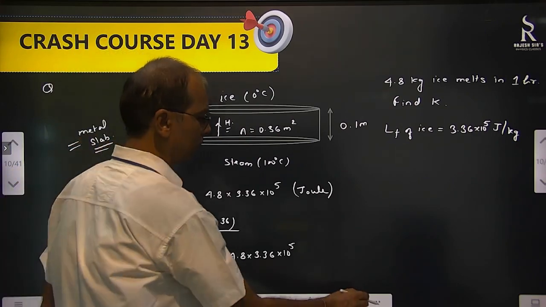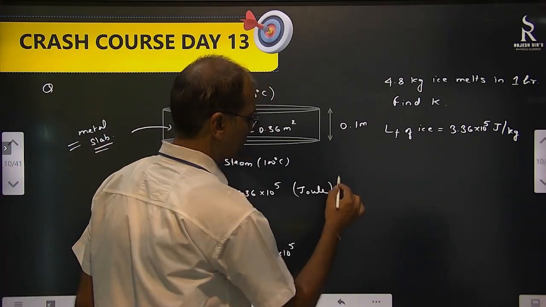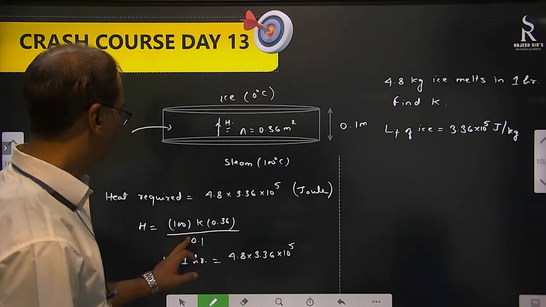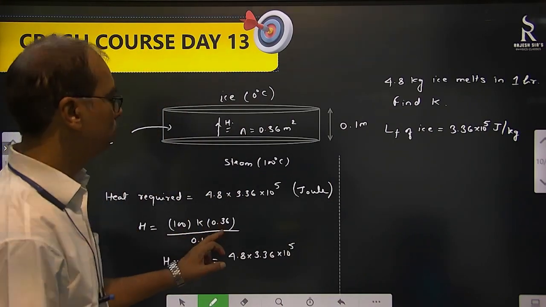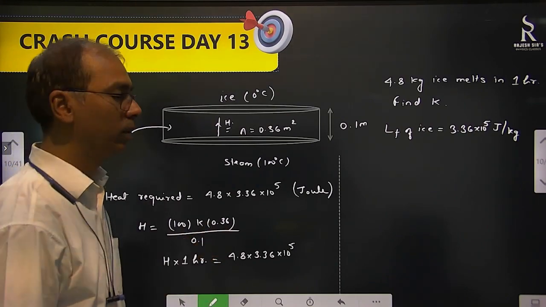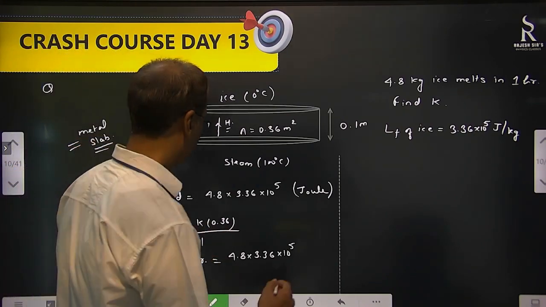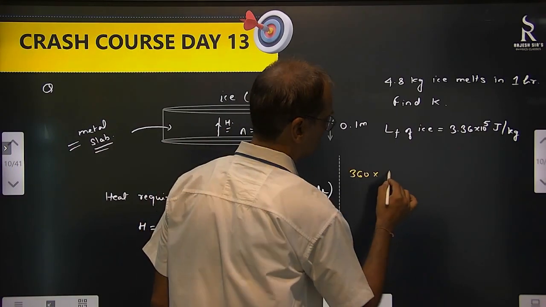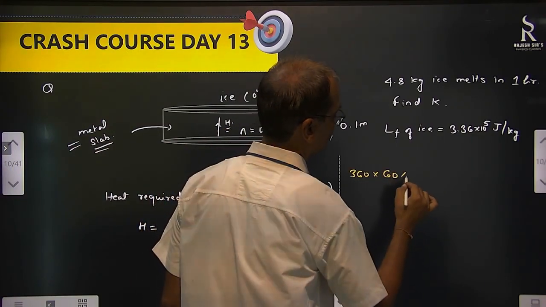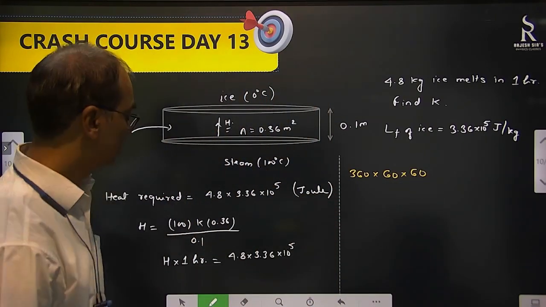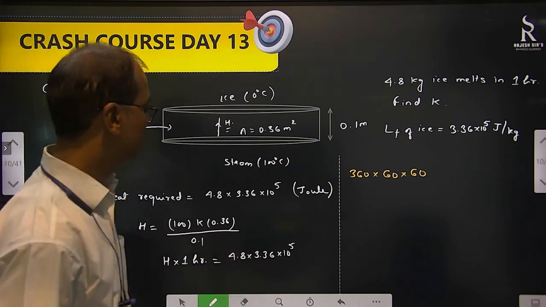So let's do that. Put it over here, 100 into 0.36. 100 into 0.36 means 36. 36 by 0.1, 360. So 360 into 1 hour. 1 hour means 60 minutes and each minute is having 60 seconds. So 360 into 60 into 60 equal to this.